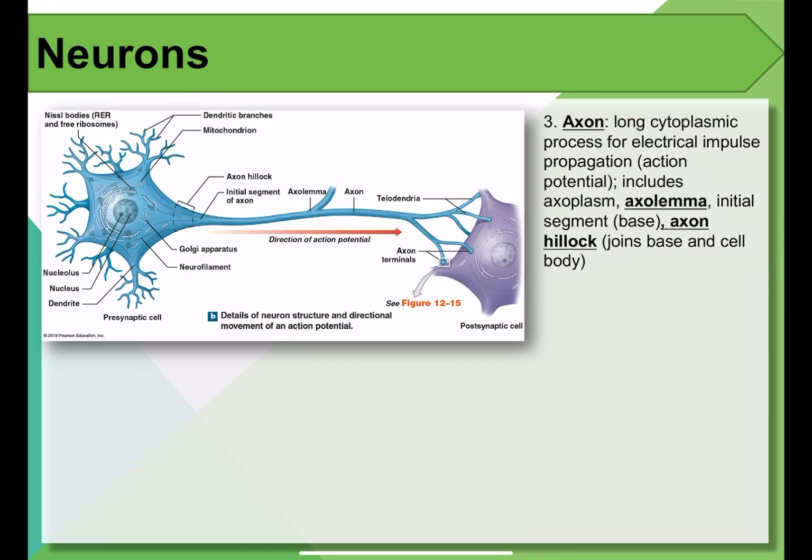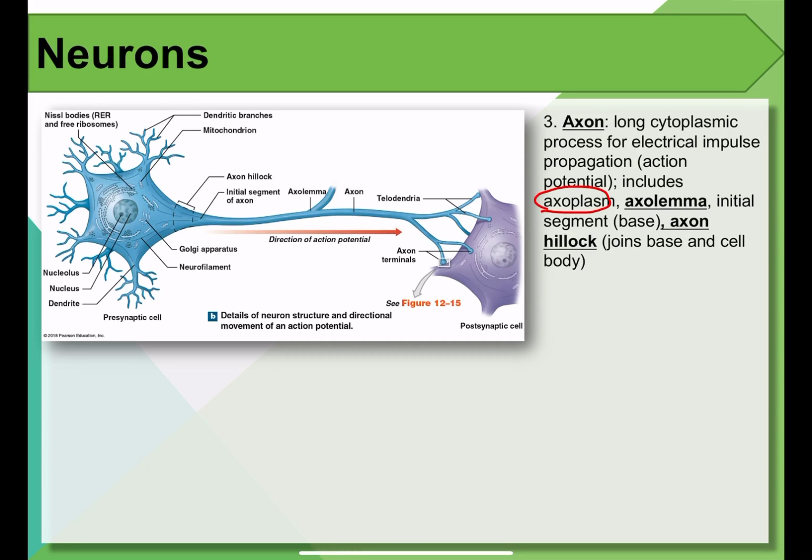Okay, and thirdly, we have the axon. The axon is very critical for conduction of an electrical impulse or action potential. It is a very long cytoplasmic process for that propagation. It includes the axoplasm.